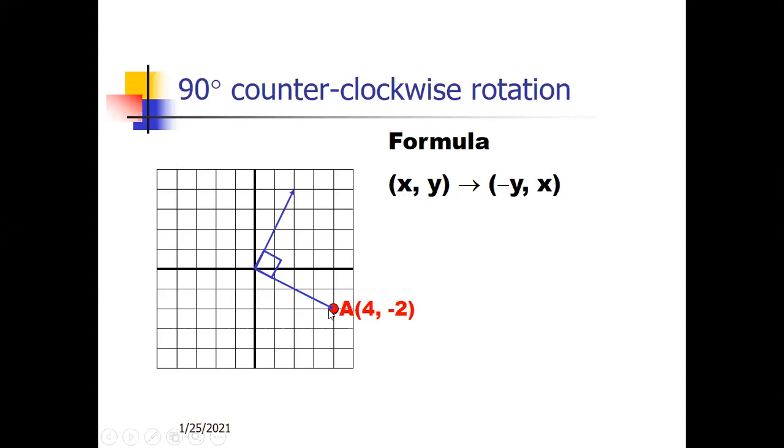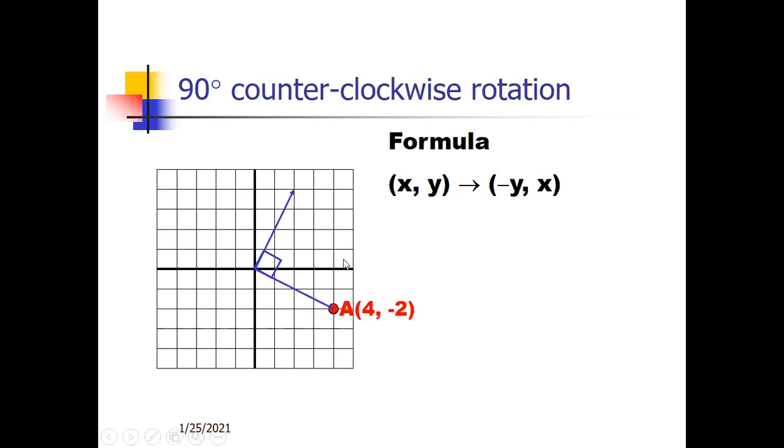counterclockwise, will it move up or down, grade 9? If you want to rotate it counterclockwise, point A will rotate up or down? Up. So it will move up because you want to rotate it counterclockwise, right?